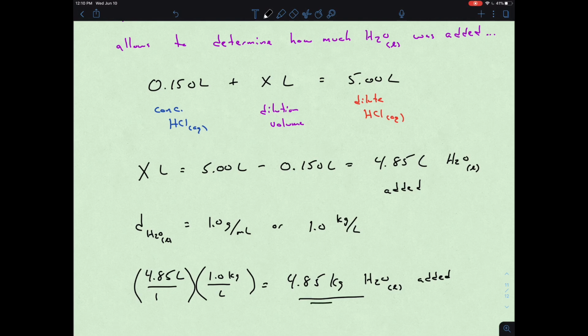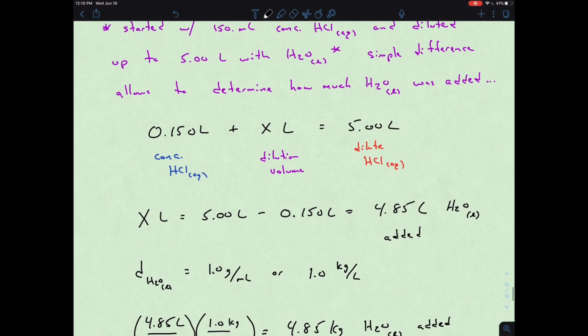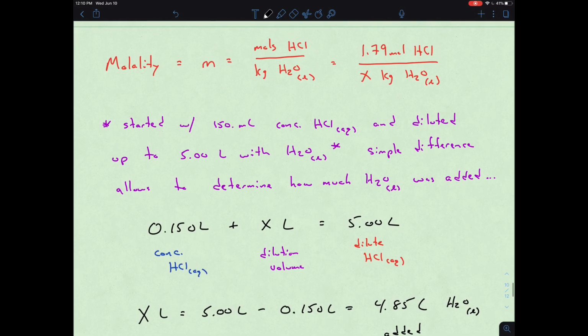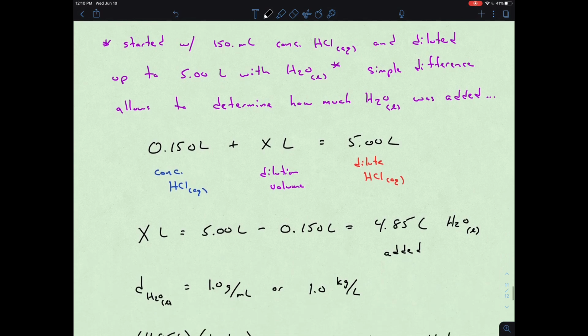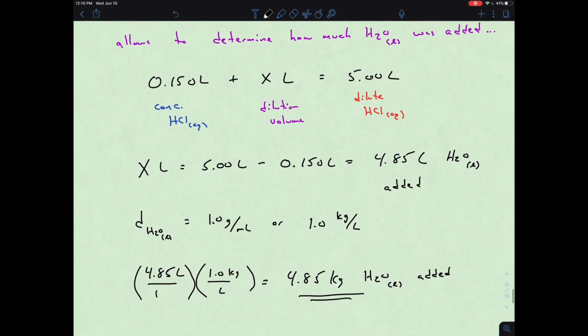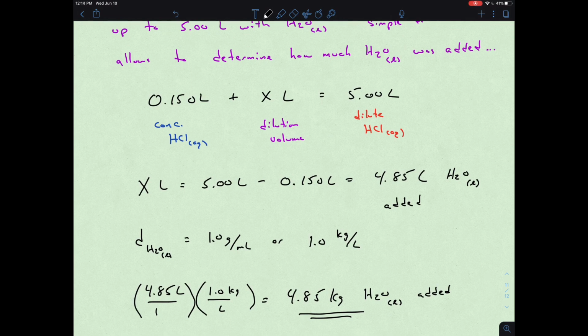So here's where students will make a common mistake: they will now just immediately plug this into the expression that we had above, namely just plug it right into our molality expression. But we have to be careful because there's more going on here than simply the actual dilution.